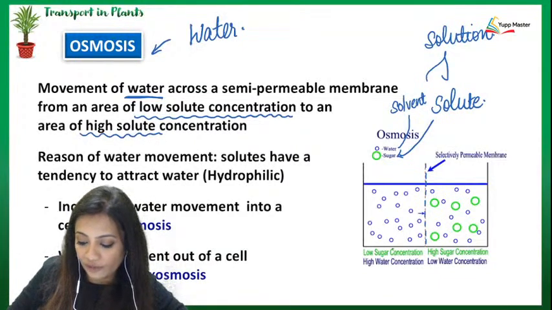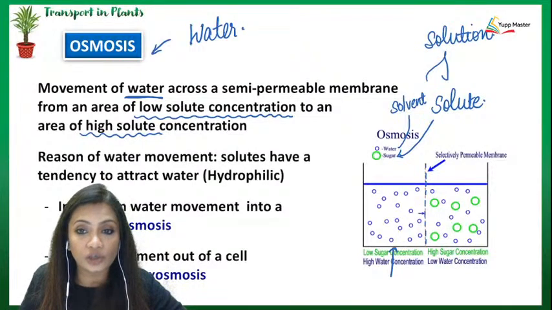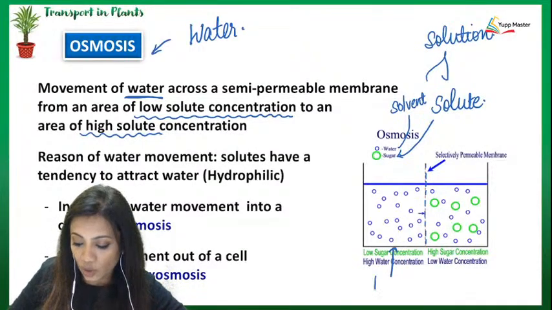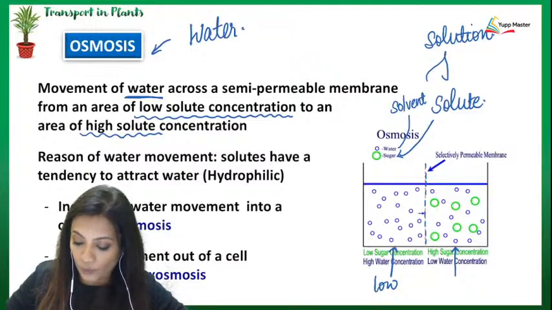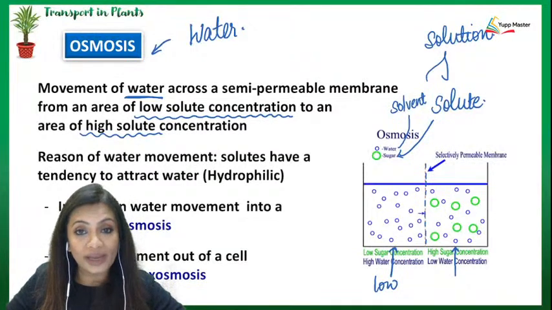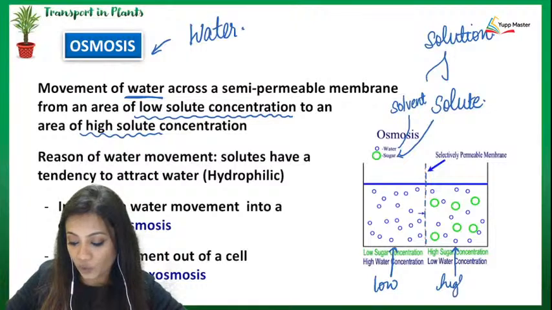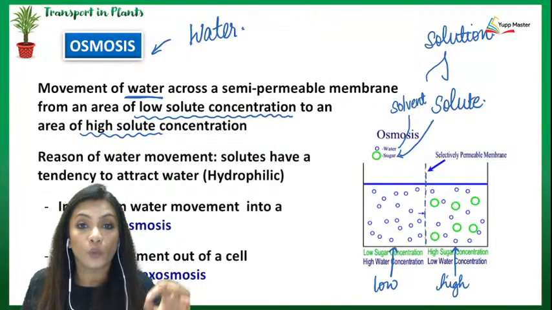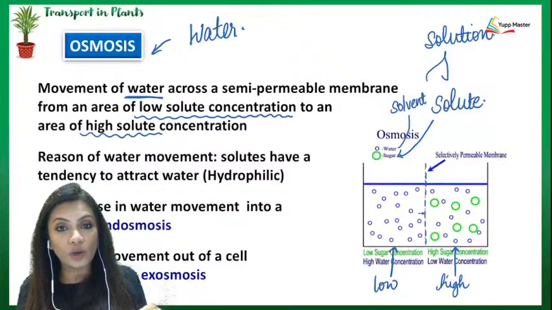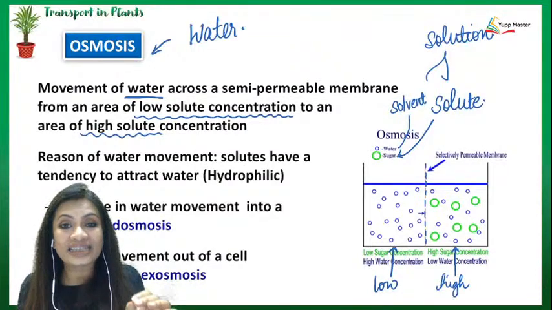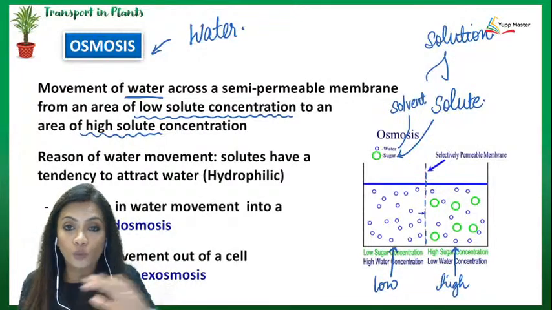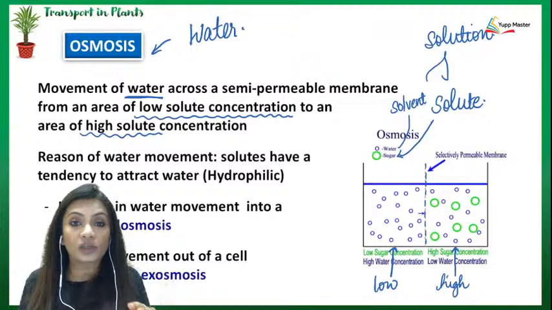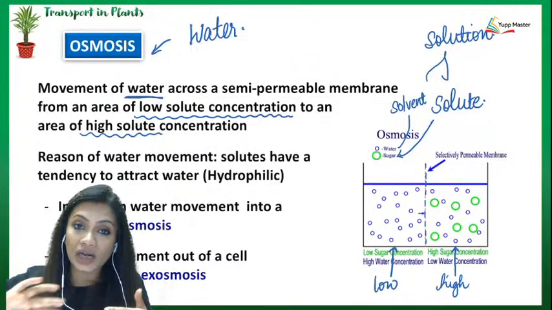Over here, the concentration of solutes, that is the concentration of sugar, is low, and water is moving from where sugar is low to where sugar is high. So it is movement of water, but that movement depends upon the solutes present. Wherever solutes are low, water will not stay there. Water will always go where solutes are higher.